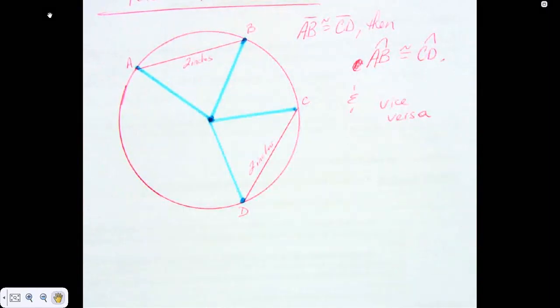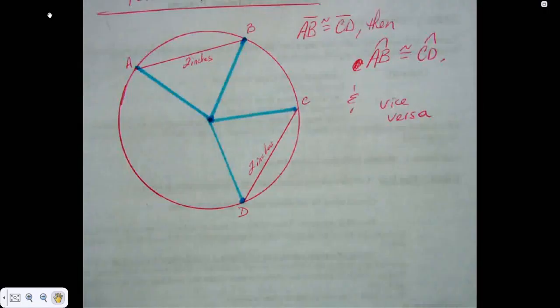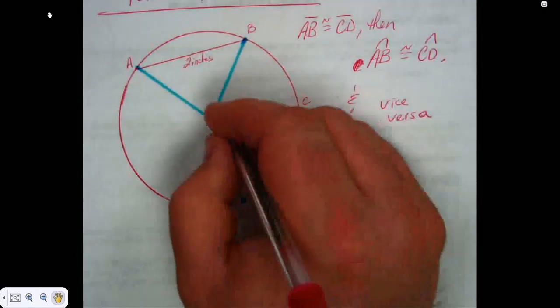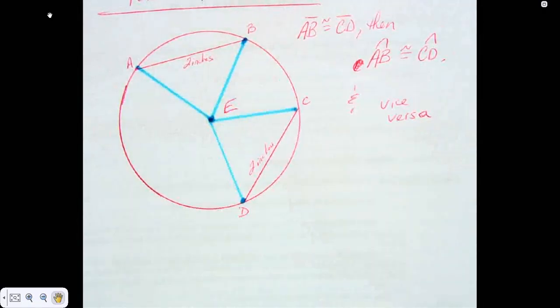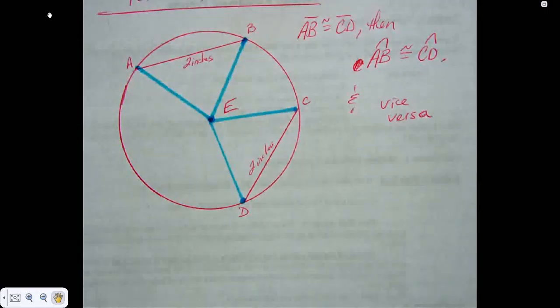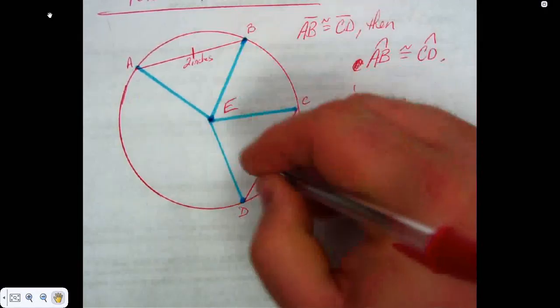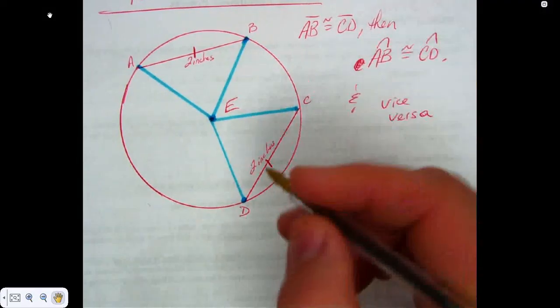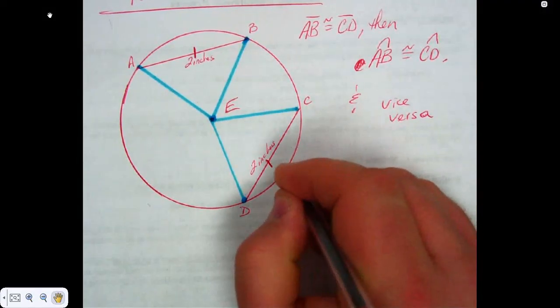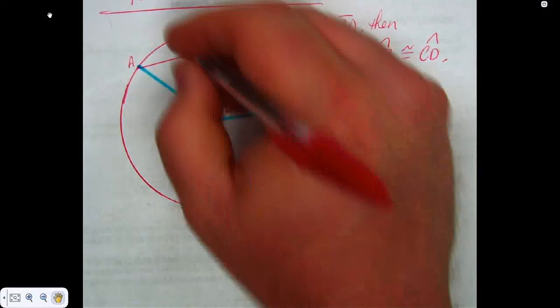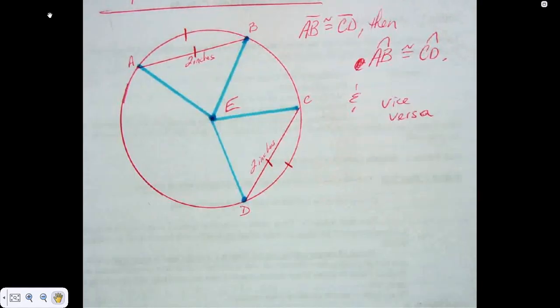And let's call this A, B, C, D. Let's call this point E. We already know that this is congruent to what? We know that this arc is congruent to what? And by the way, that's how we mark arcs. Is there anything else you can say is congruent here?